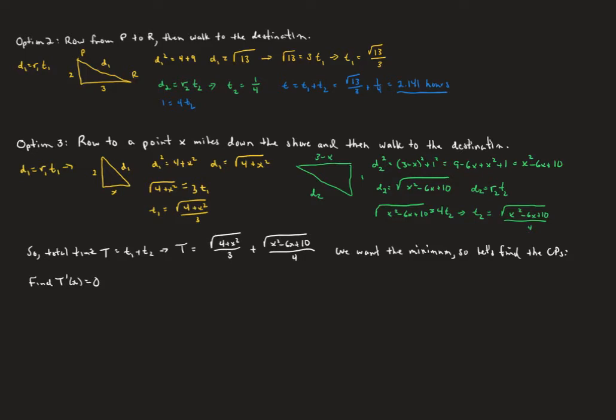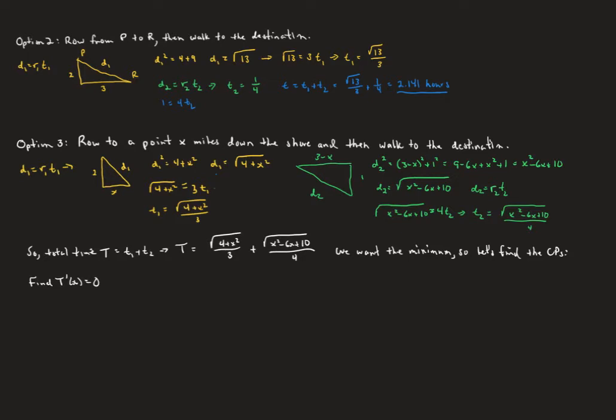That first distance d1 is going to come from the Pythagorean Theorem, where 2 is one side and x is the other. So d1 is going to be the square root of 4 plus x squared. In our formula, d equals r times t, our distance is the square root of 4 plus x squared. The rate at which we're rowing that boat is 3.